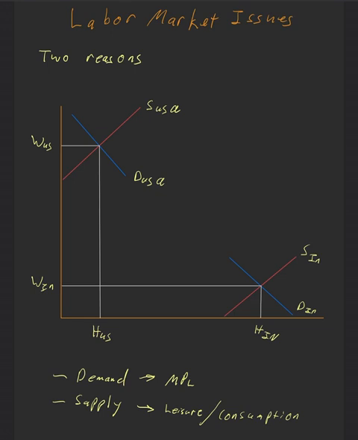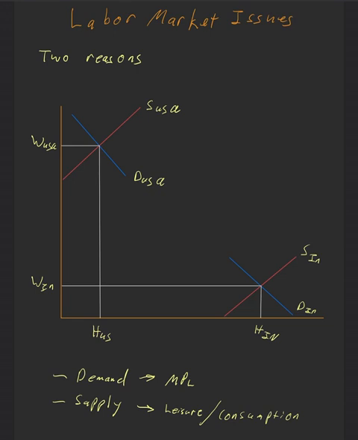What's the outcome? Well, the outcome is that the wage in the United States is very high. The hours that are being used there are very low. The wage in India is very low, and the hours are very high. Of course, you would immediately recognize that this is exactly the scenario that we observe in reality.